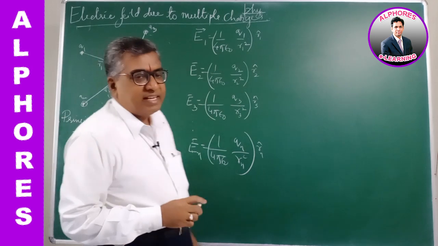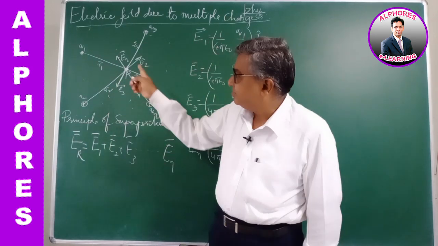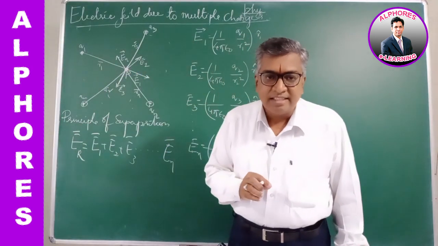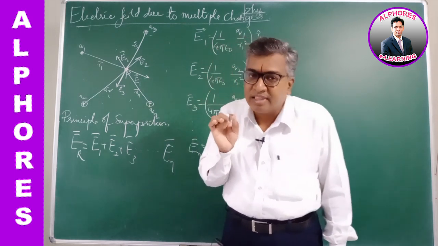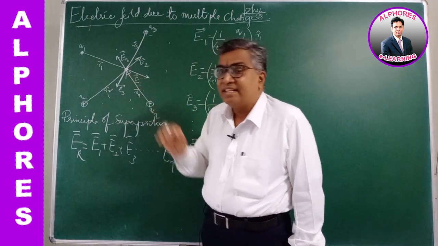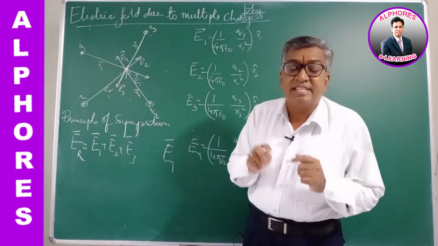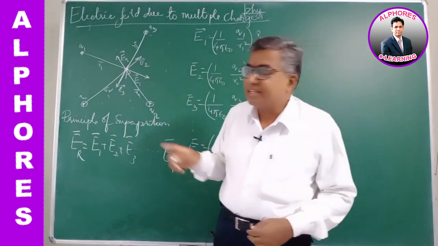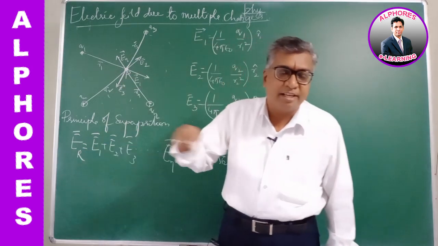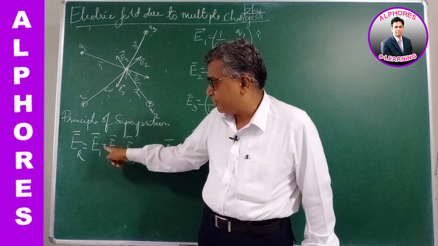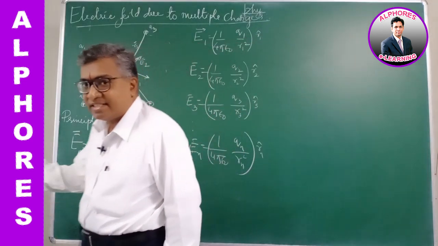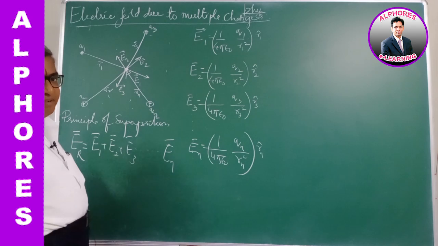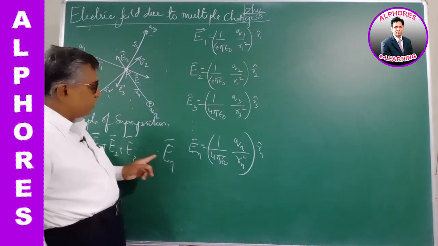The resultant field intensity at the point is the vector sum of all the individual electric fields, considering all the fields simultaneously.